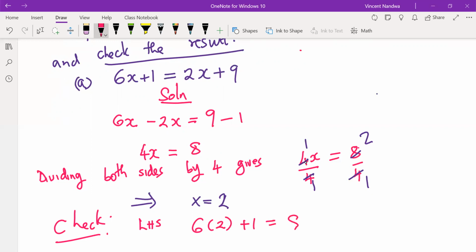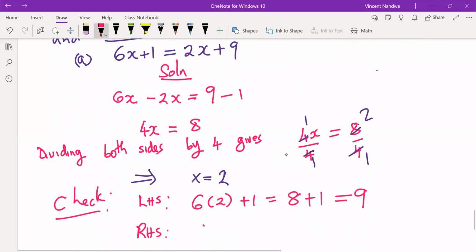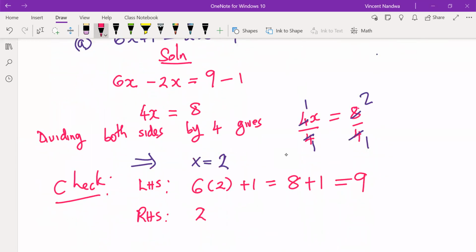So this will give us 8 plus 1, which is 9. And then right-hand side of this equation is given by 2x plus 9. So we'll have 2 times 2 plus.